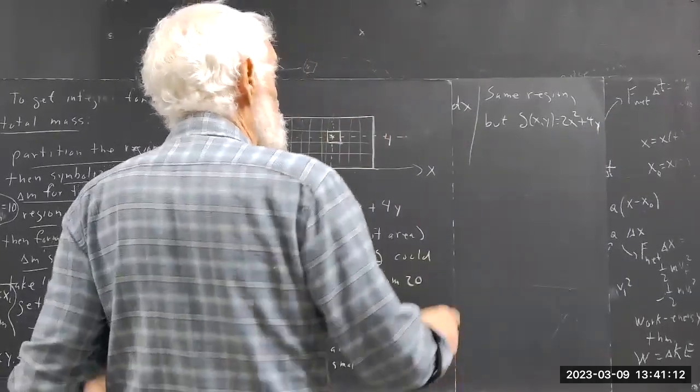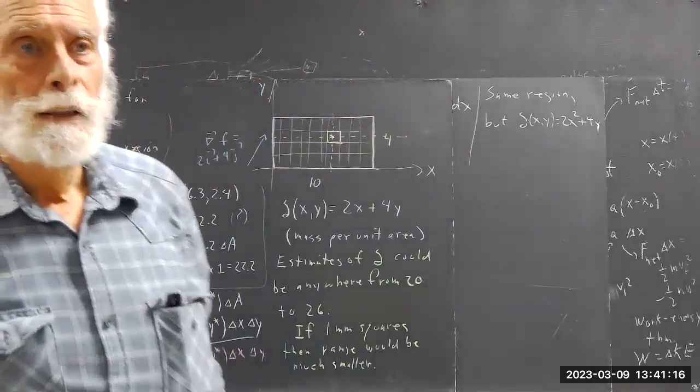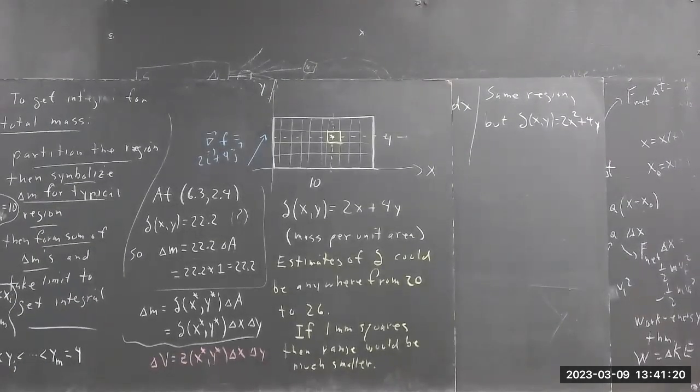Well, the total mass is going to be, what would be the integral for the total mass? We've already subdivided everything. All that's changed is our density function. So you use everything we did, except we have to use this density function.